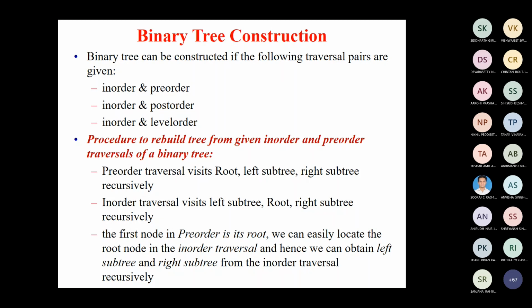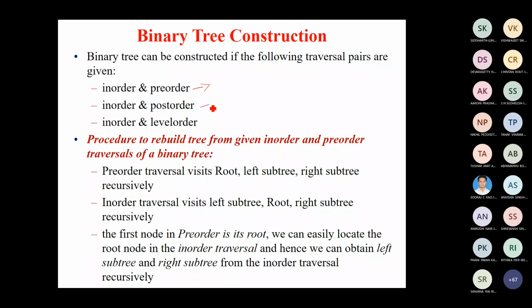A binary tree can be constructed uniquely if the following traversal pairs are given. Which are the pairs supposed to be given for producing the binary expression tree or a binary tree? These are the possible combinations. In-order and pre-order can uniquely produce the binary tree.